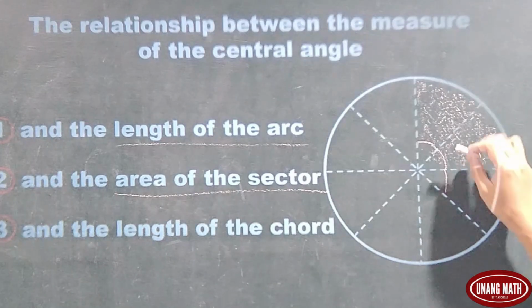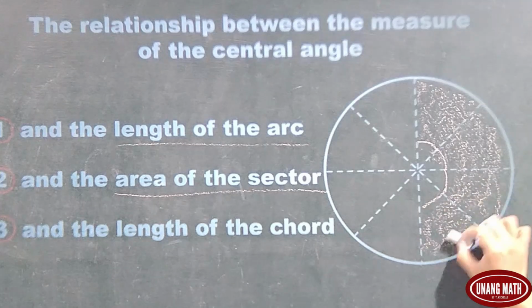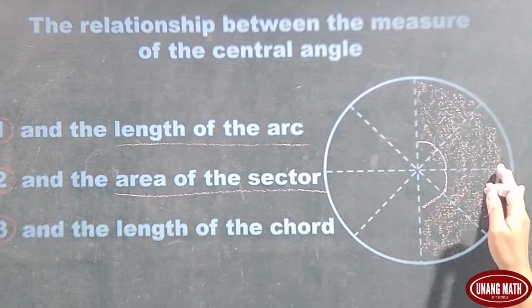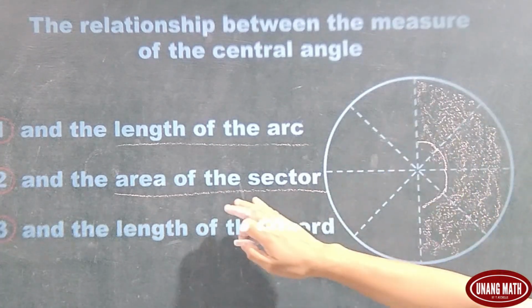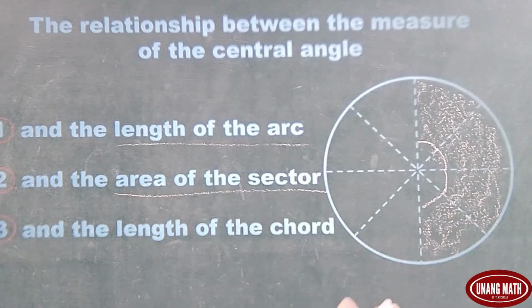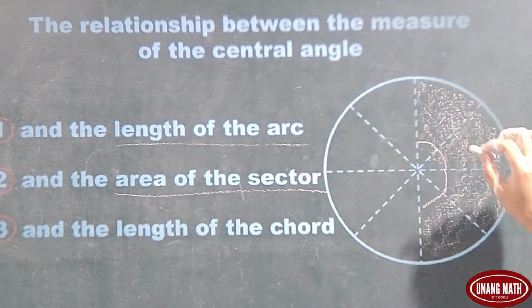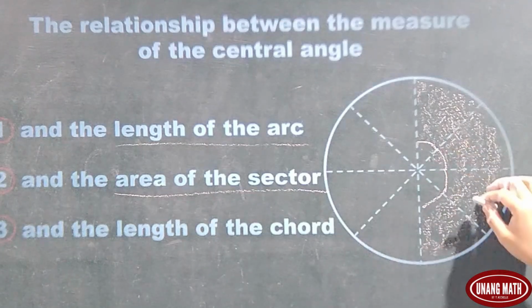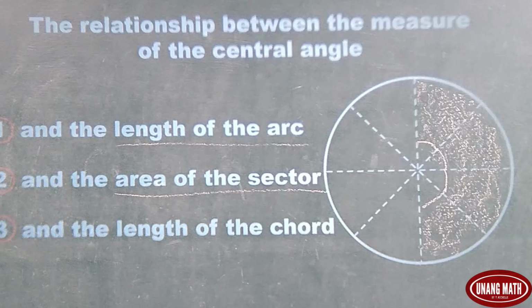If I triple, then it follows, triple also. 4 times, then the area is also 4 times. So it's the same as in number 1. The relationship between the central angle and the area of the sector is direct proportion. If I increase 2 times, then the area also increases 2 times. 3 times, then the area also increases 3 times. So it follows direct proportion.